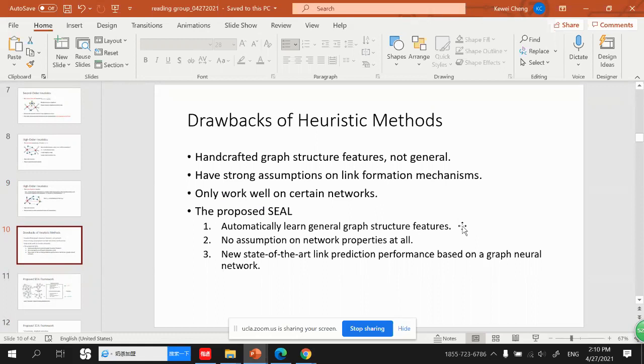First of all, because these heuristics handcraft the graph structure features, they cannot apply to general graphs, and they make a strong assumption on link information. So this also limits their generalization ability.